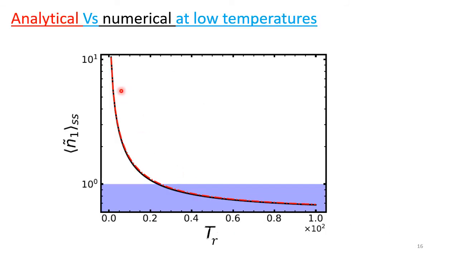So here are the results. First, we plot the numerical result against the analytical result. The red line represents analytics and black is for numerics. On the y-axis you see the mean number of phonons, and the shaded region shows the region below 1, which means the number of quanta is less than 1, so we are close to the ground state.